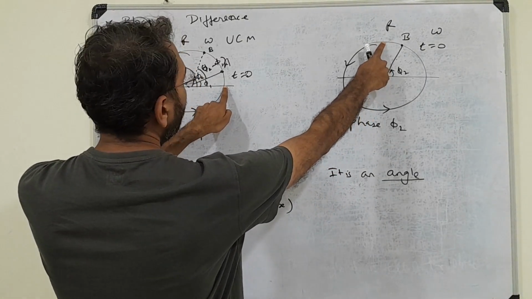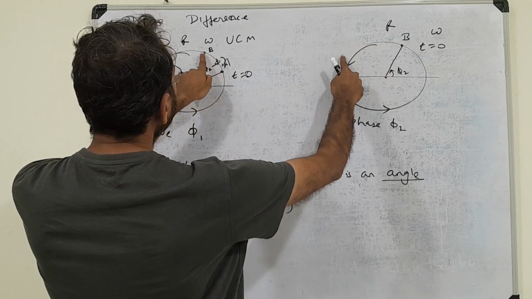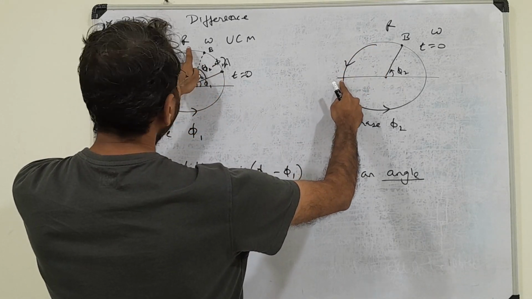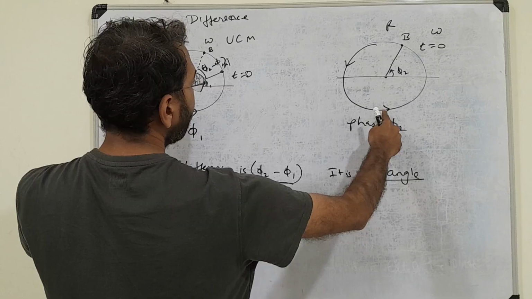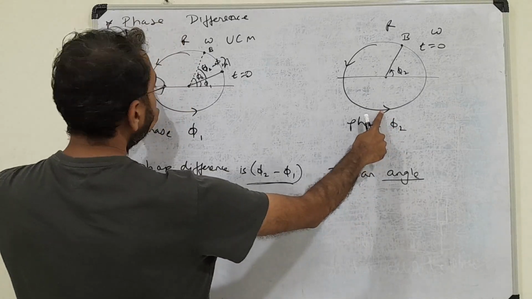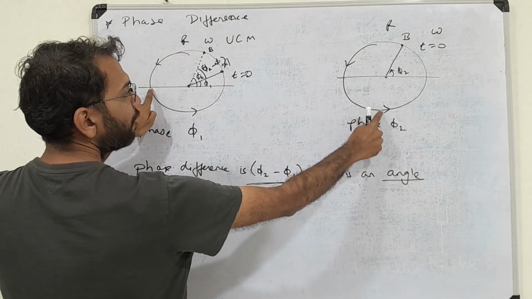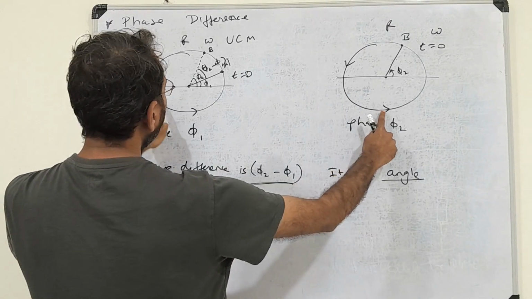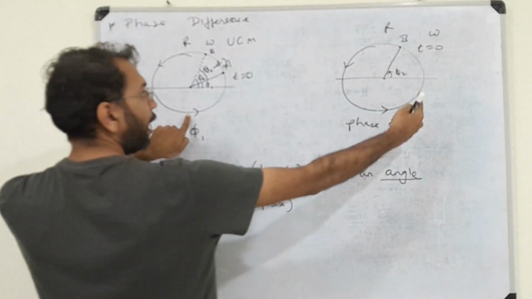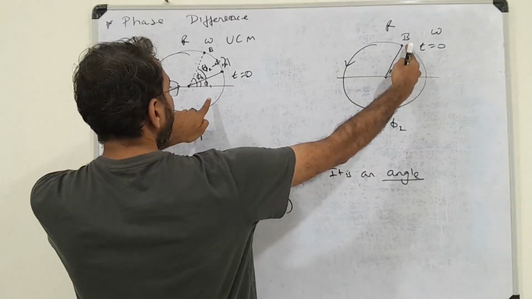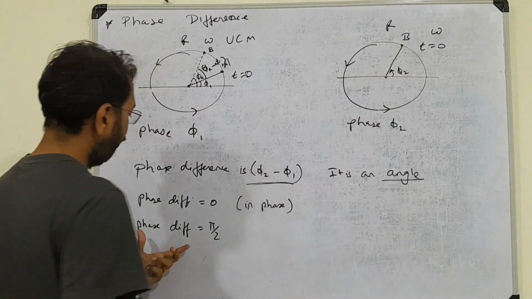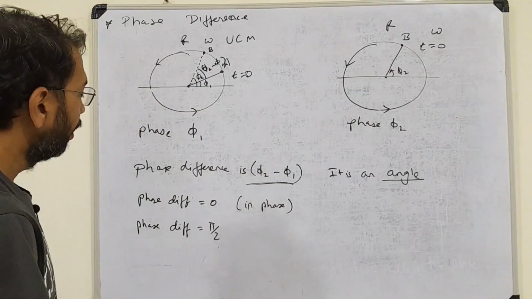So there is a constant difference in angle, and that difference is pi by 2. So when A has reached here, B has reached here. And when A has reached here, B has reached here. So there is a constant phase difference of pi by 2.